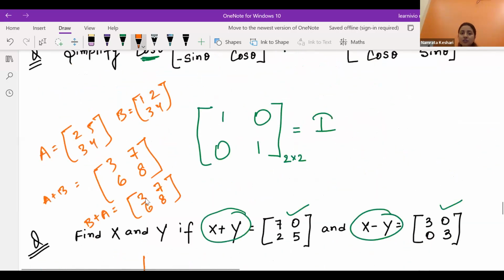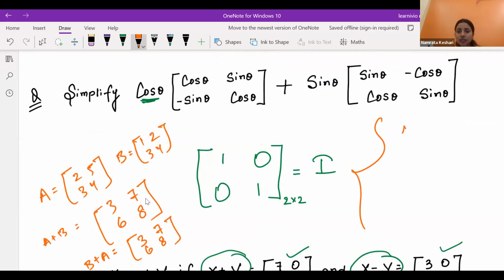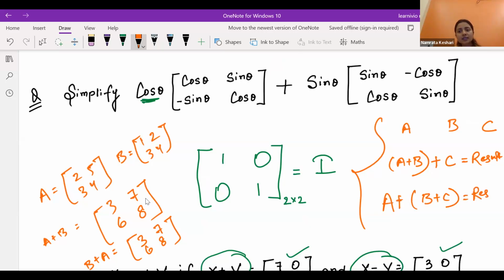Suppose you have three matrices A, B, C. If you add A and B at first, and add whatever result you get to C, that result will be the same as when you add B and C at first, and then add A. Both results will be exactly the same, because again we are doing the addition of elements, a11 with a11 with a11, that's it. Getting it? So matrix addition follows the commutative law and the associative law as well.